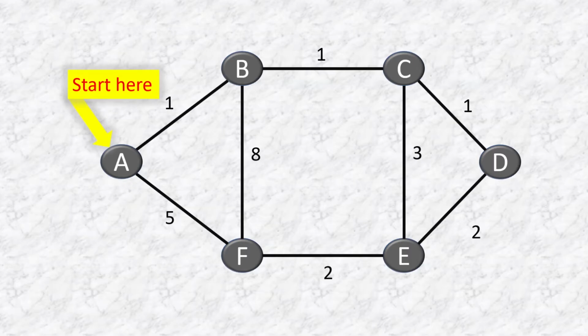And for this example, we will assume that we have the graph that is shown right now. It consists of 6 nodes. Those nodes are labeled A through F, and the edges, or the links between the nodes, are shown, and the costs associated with any of the edges is shown next to the edge.